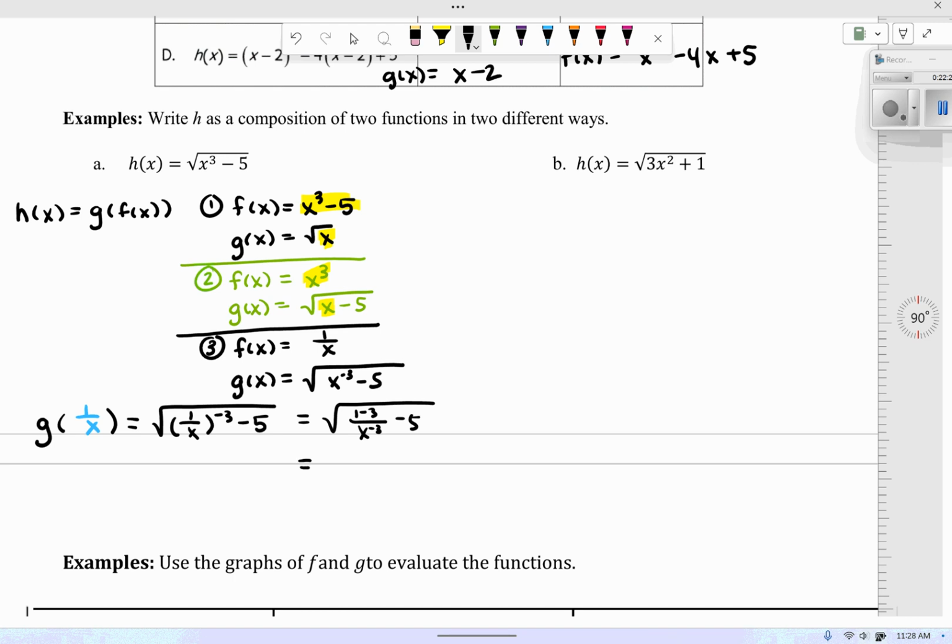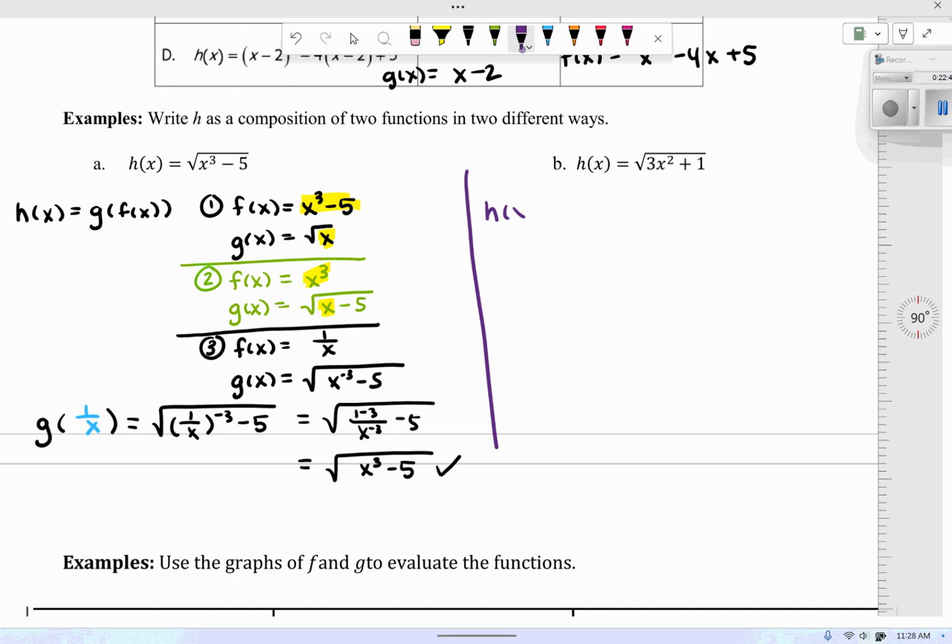So that would give us x cubed over 1 cubed, which is just x cubed minus 5. So notice that that one would work out. So then how about you pause the video, do the next one on your own, and when you're done, unpause and check your work.